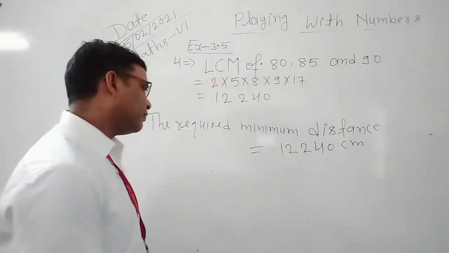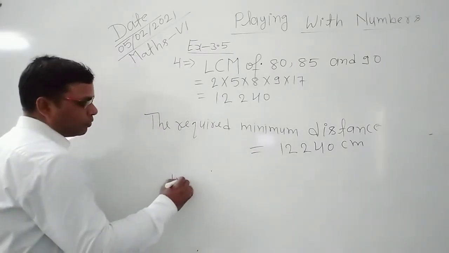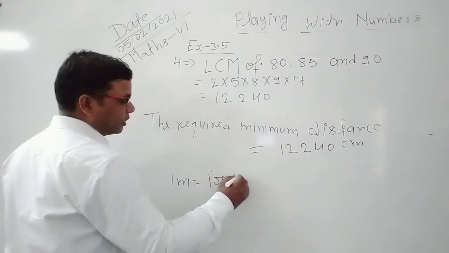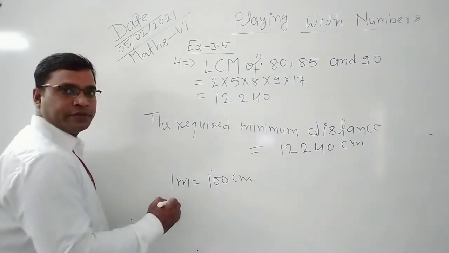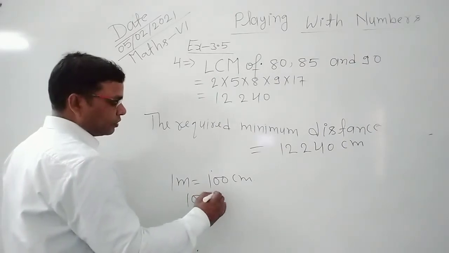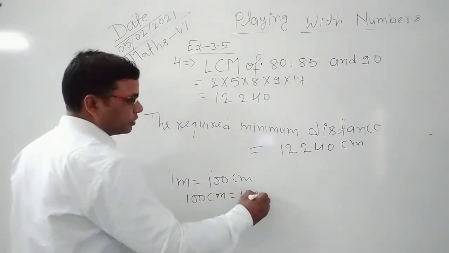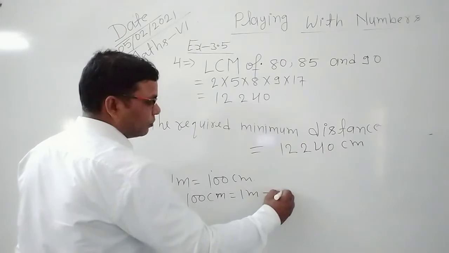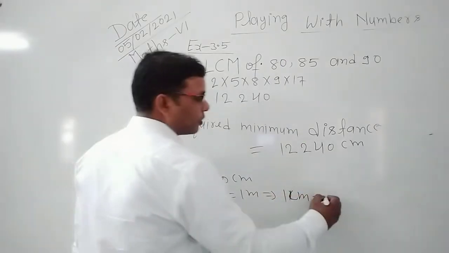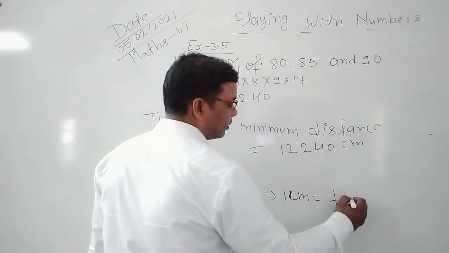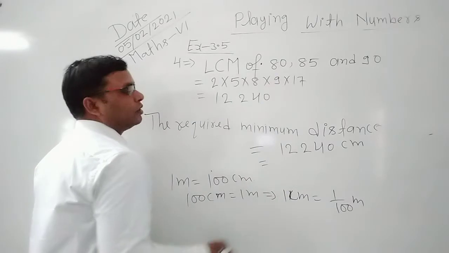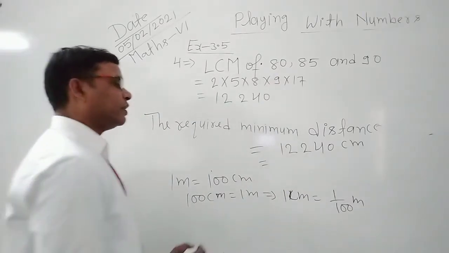So student, 1 meter is equal to how many centimeters? 100 centimeters. Or you can write it as 100 centimeters is equal to 1 meter, or 1 centimeter is equal to 1 by 100 meters. So here we have 12,240 centimeters.